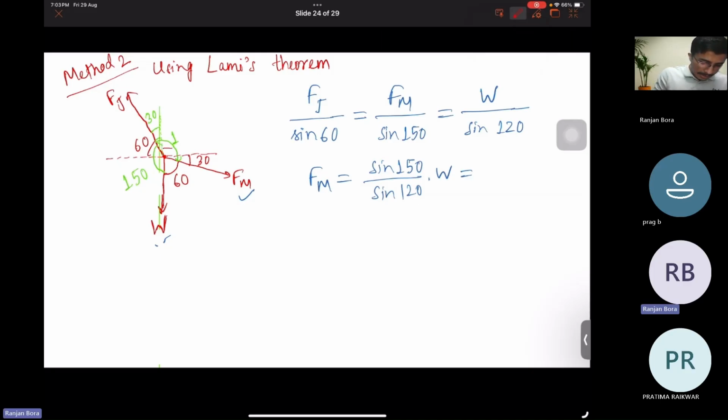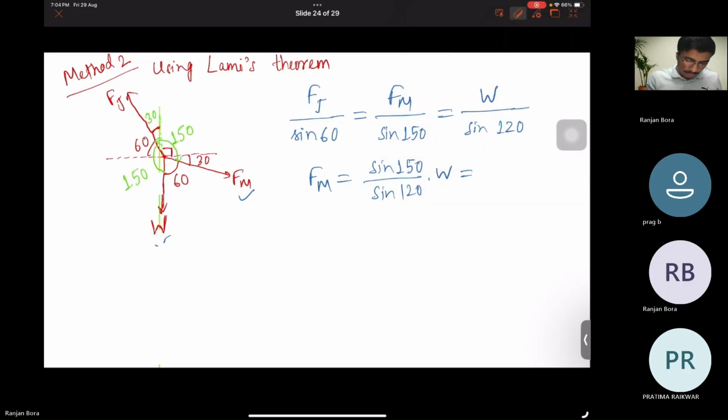This is 30 and this is 90, right? This is 90 and this is also 30 and this is 30. So 30 plus 90 plus 30, it will be 150. Is it clear? The angle between Fj and Fm. Yeah, that's why I have written it.